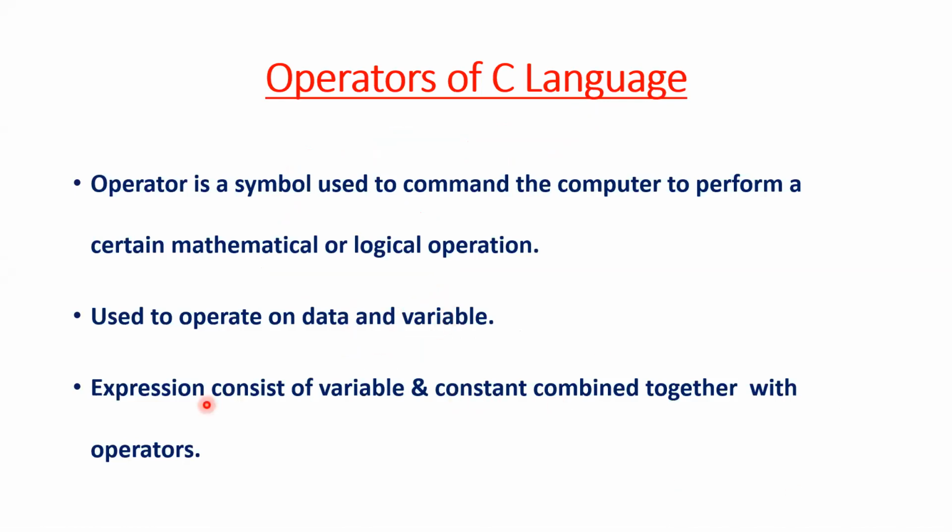And what are expressions? Basically, an expression consists of variables and constants combined together with operators. Like I just told you, A plus B. A and B both are variables, combined with the operator plus sign. Clear?